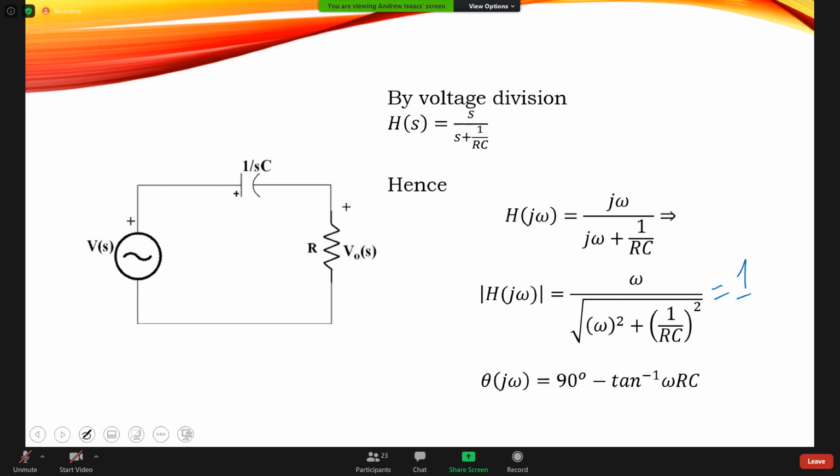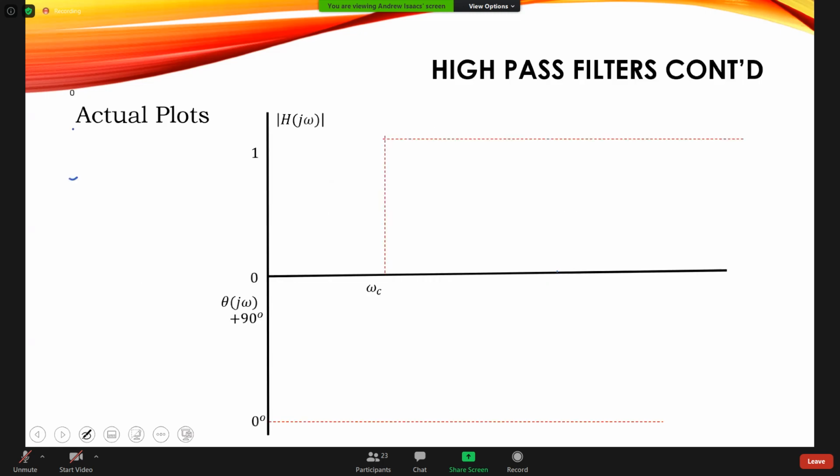And of course, at omega equals 0, that will be equal to 0. So we are starting from 0. Again, at our 70% line, we have the cutoff.